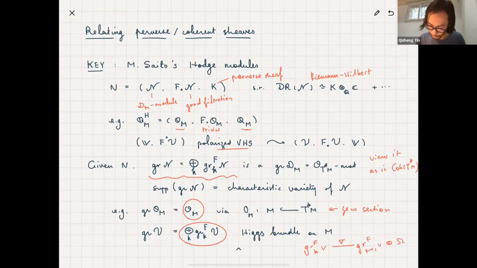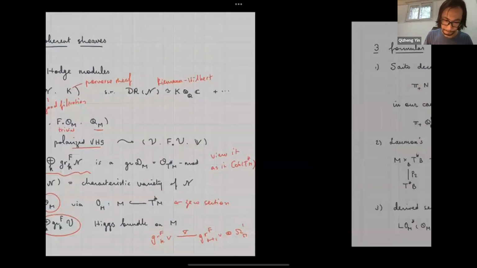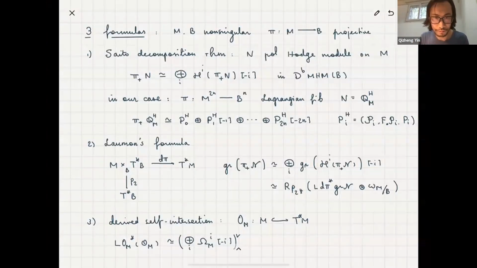So this is the Higgs field, and so you get a natural Higgs bundle on M, which is also an O T star M module.